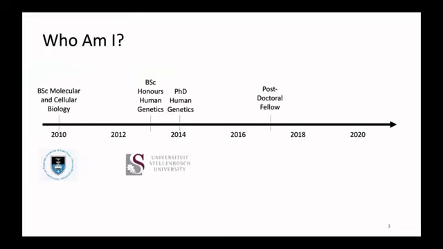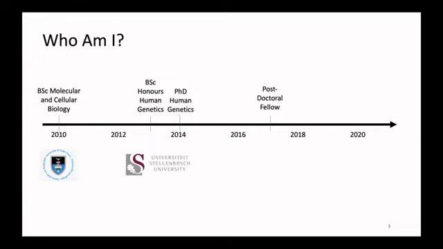So who am I? I'm a postdoctoral fellow currently at Stellenbosch University. I started my career at UCT, and I did a BSc in molecular and cellular biology in 2010. I then moved to Stellenbosch in 2013 to do my BSc Honours in Human Genetics.